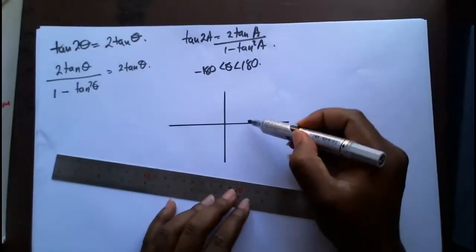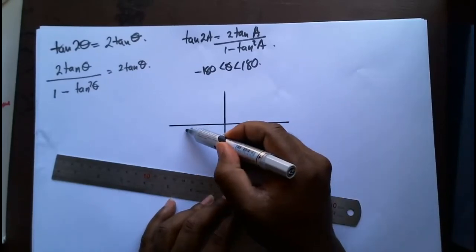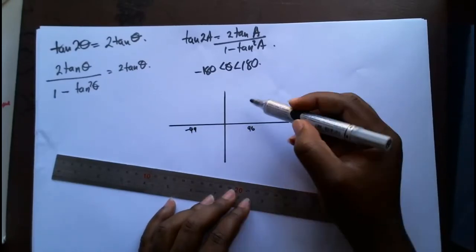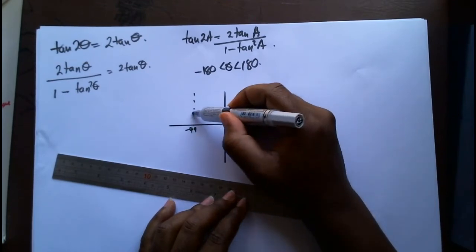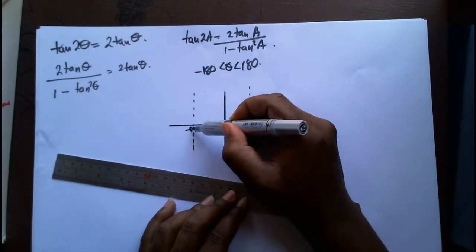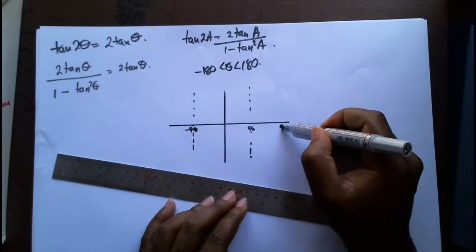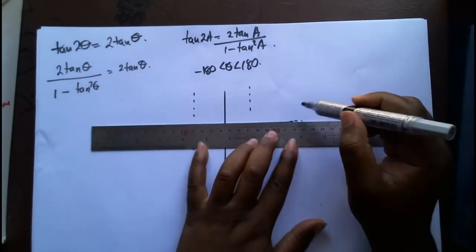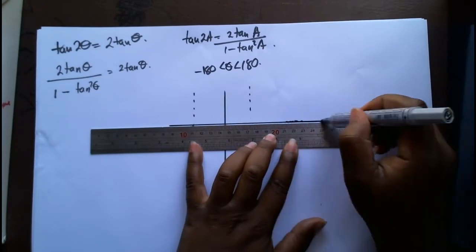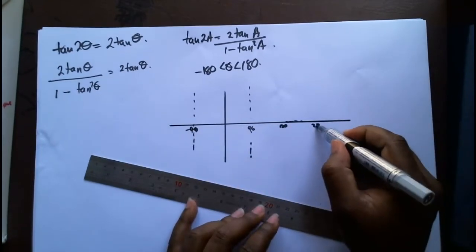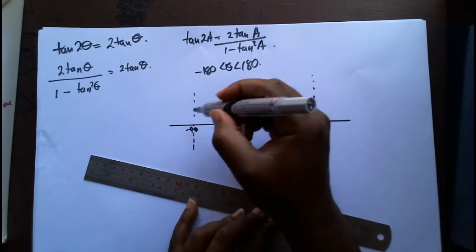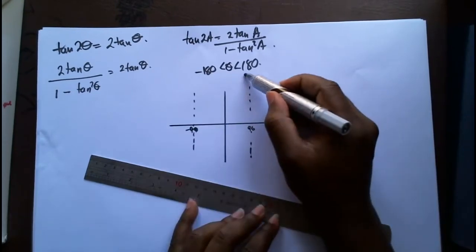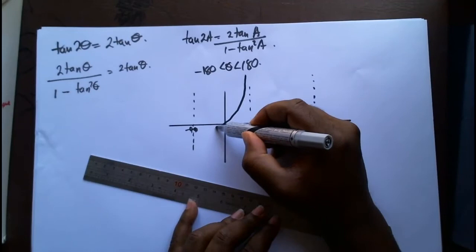It's 90 and we have negative 90 here, so you draw a line at 90 and a line at negative 90. Then there's 180 and we have 270 here. You can also draw the asymptote on that side. So the graph of tan looks like this.